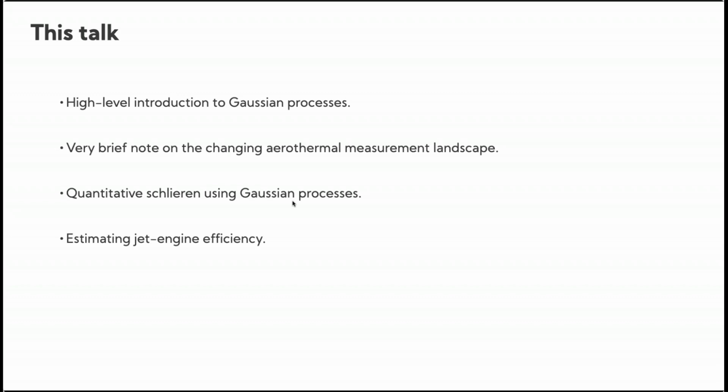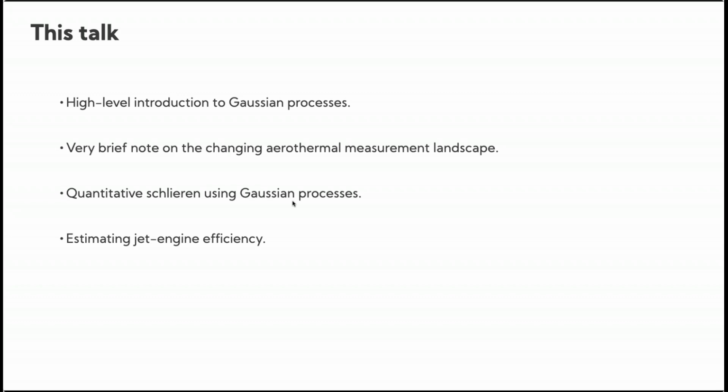Then I'm going to give you a very brief note of what I think is the change in the aerothermal measurement landscape. When I say aerothermal measurements, I'm primarily focused on pressure, temperature, density, velocity, etc. Not only the way we obtain those measurements from the sensor perspective, but also the way we process the data coming from those sensors.